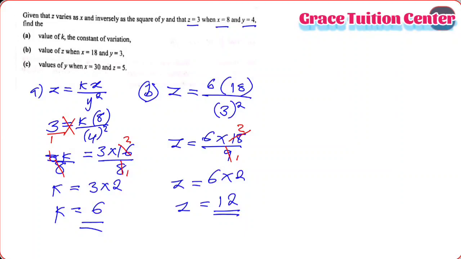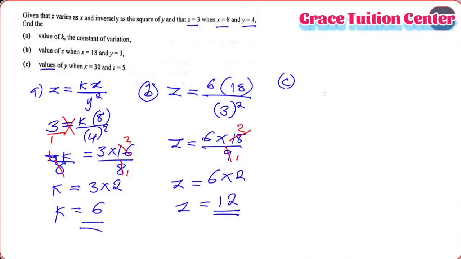The last question, but not the least, in this video, we are finding the values of y. So be careful here again. It says values, meaning you expect to find more, at least 2 answers. The values of y when x is 30 and z is 5.